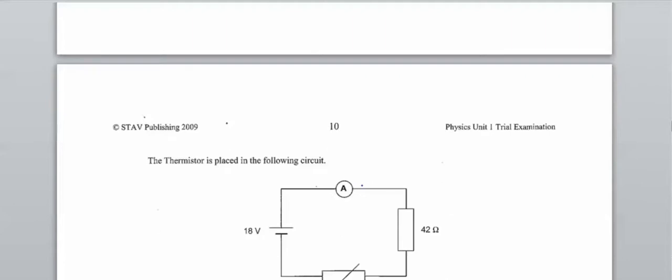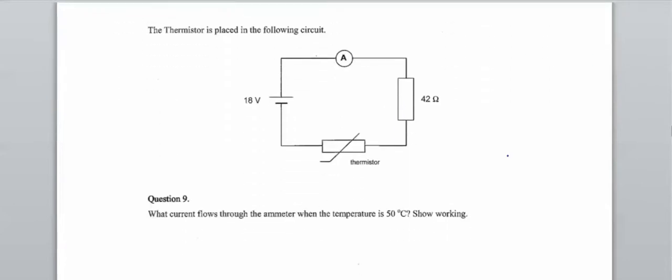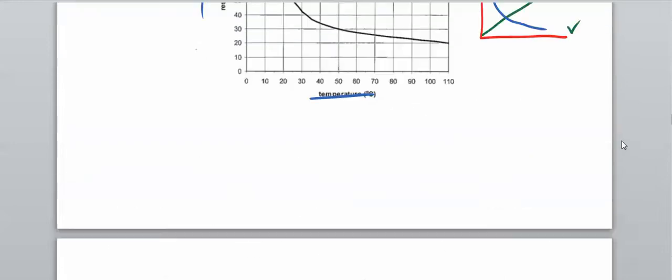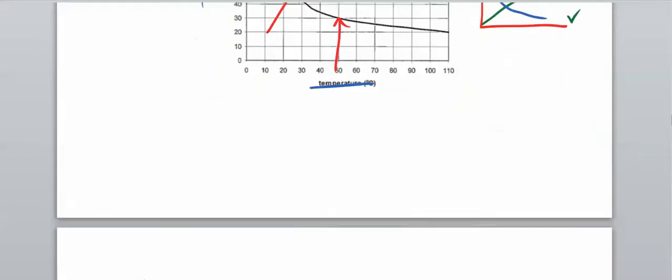So let's have a look at what the question's asking us. The thermistor is placed in the following circuit. What current flows through the ammeter when the temperature is 50 degrees Celsius? In order to do that, we need to look at the graph. We've done this in a couple of the Year 12 questions as well. On the graph, it looks to me that at 50 degrees, the resistance is 30 ohms.